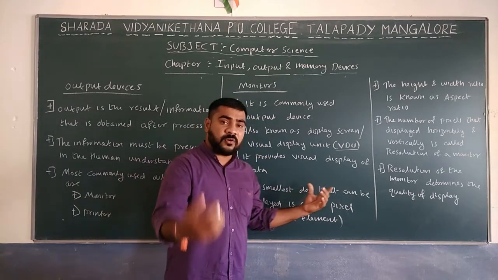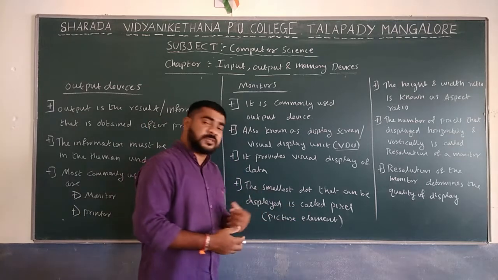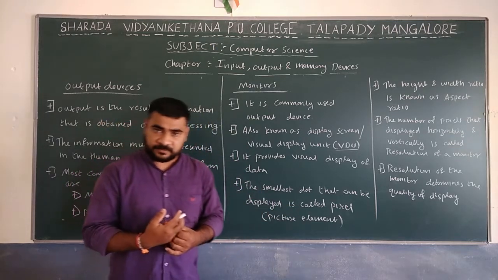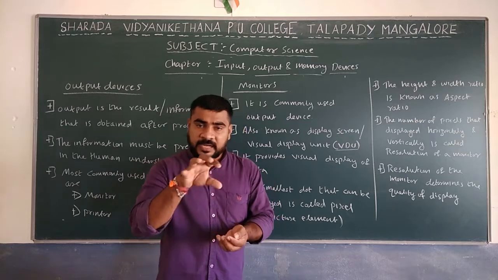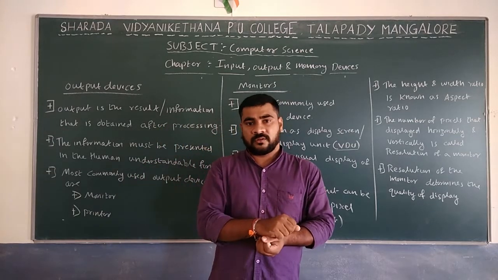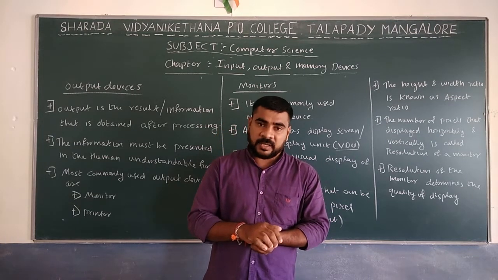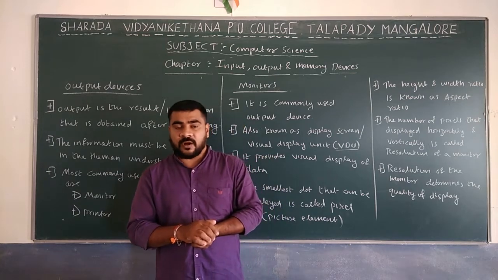Before going to the types of monitors, there are some terms to learn. How is data displayed on the screen? On any system, any monitor, or your TV, an image is displayed in the form of dots.